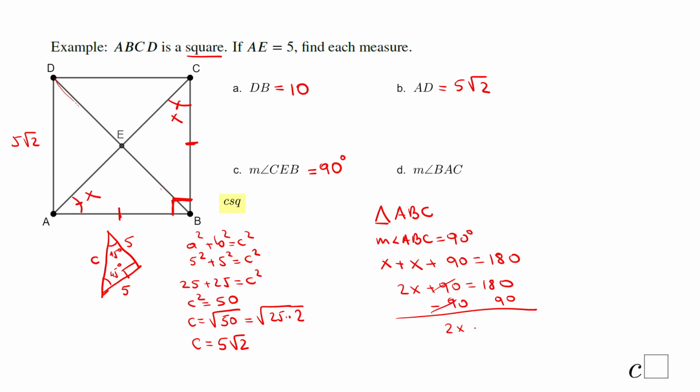So 2x equals 90, divide by 2. X equals 45. So that means this angle here is 45 degrees, which is a very important property for a square. All these angles are 45 degrees. Okay, and we're going to prove that later.